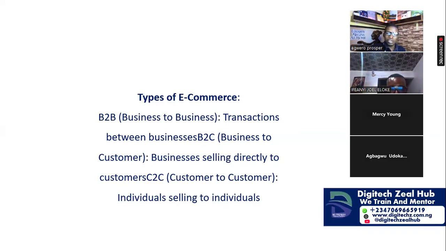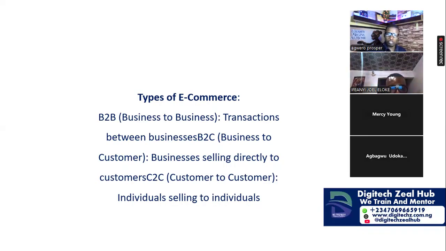That is, we should be able to make available different payment options for anybody that wants to pay, either paying through their crypto wallets or paying through maybe a conventional bank, or even paying through transfer. All these options, we should be able to activate them for the customers to use.